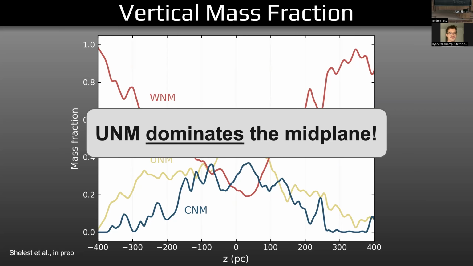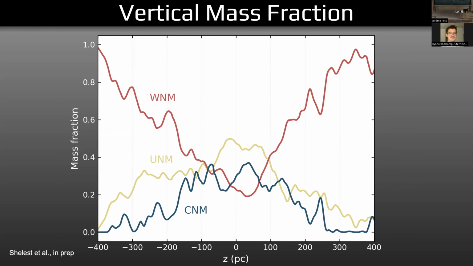Maybe once we subtract this missing mass, CNM will become a dominant fraction in the midplane. But still, the question is why the fraction of UNM is so high, right? Because it should be around 10% or 20%, but we get much more than that. And unfortunately, this small structure, in my perspective, since we're still not finished with the analysis, cannot really explain the entire picture.